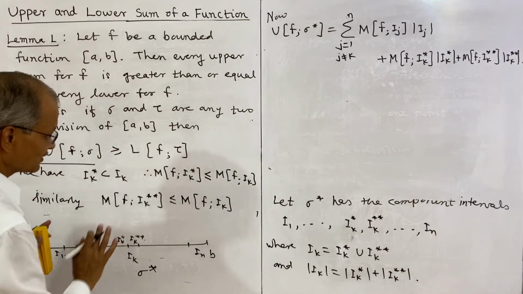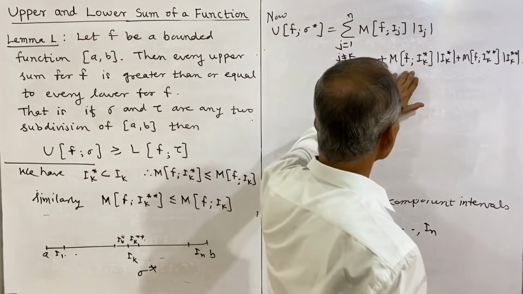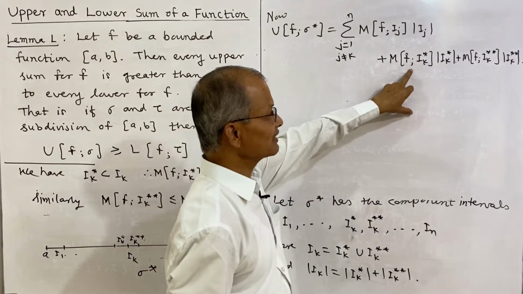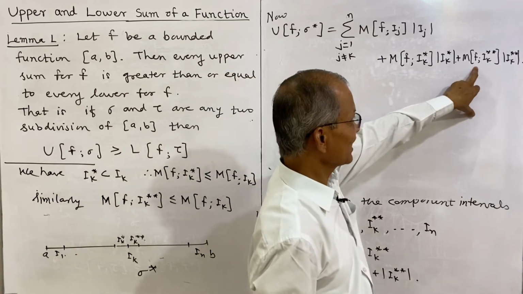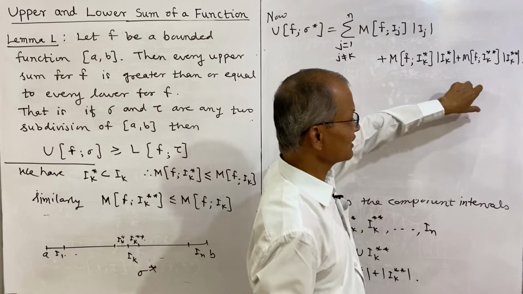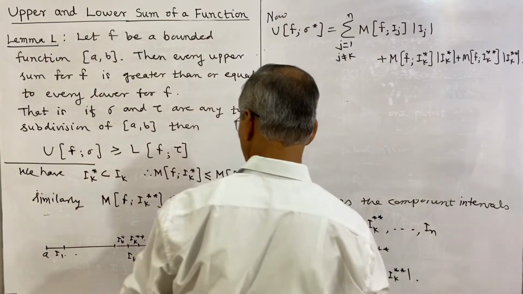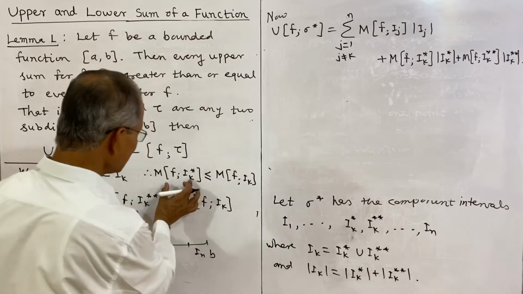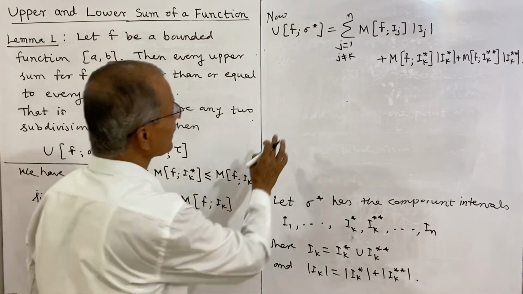So these two things we have to note, and now we will use them here. The maximum value of f on Ik star is less than or equal to the maximum value of f on Ik, and the maximum value of f on Ik double star is also less than or equal to the maximum value of f on Ik.